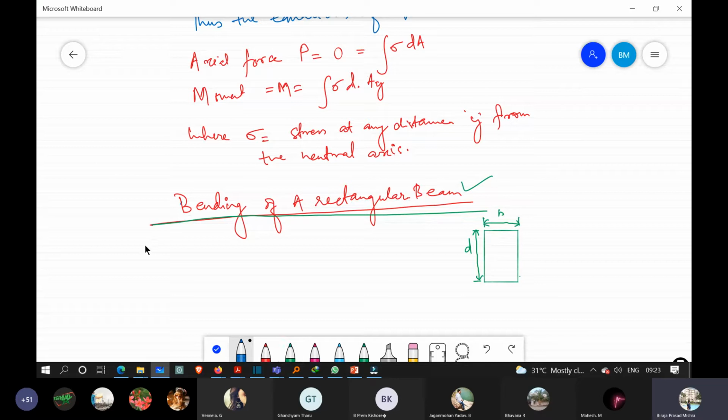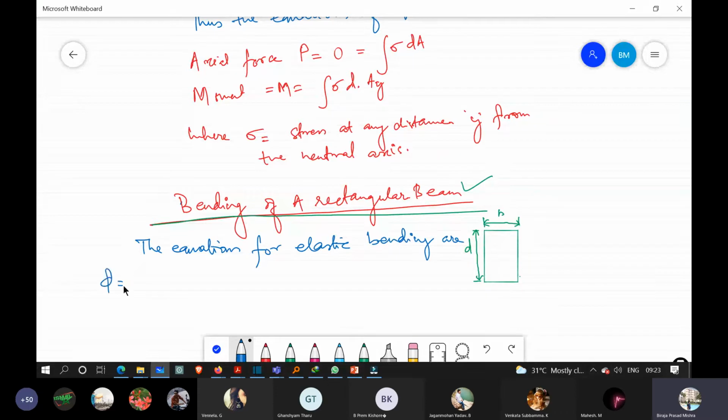So for the bending of this rectangular beam, we have some equations. The equations for elastic bending are: phi equals 1 by r, which equals minus epsilon by y, which equals sigma by minus E y.